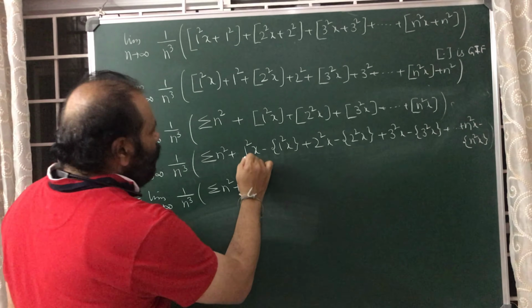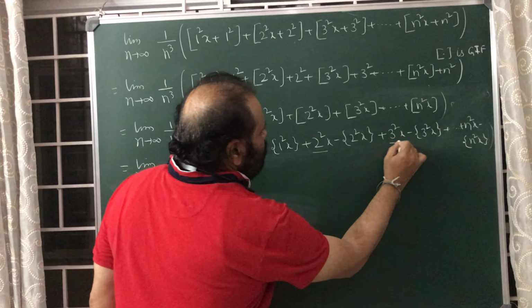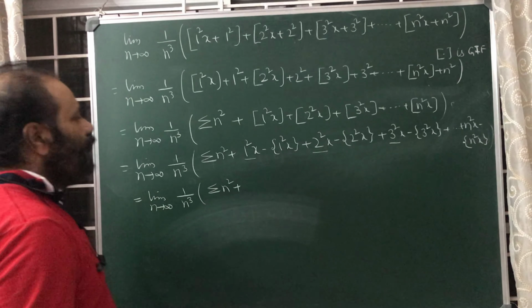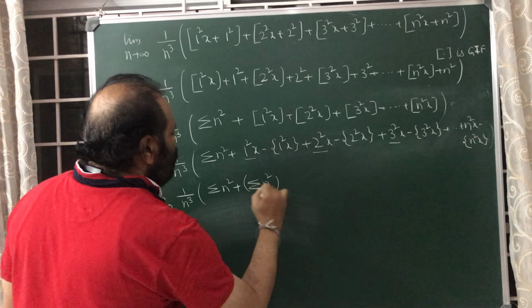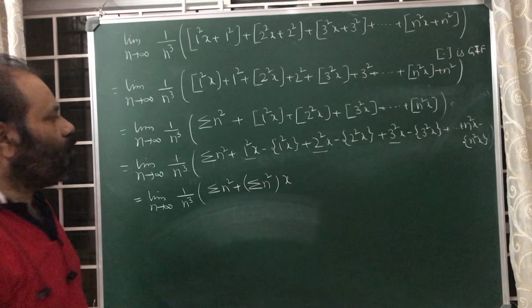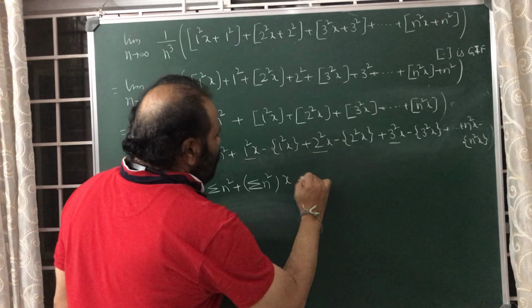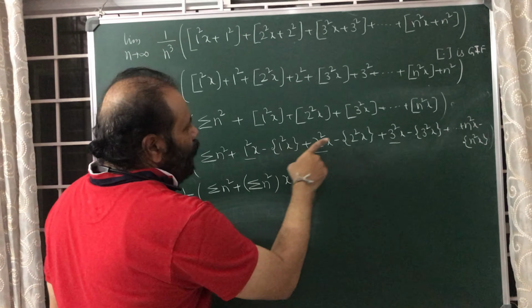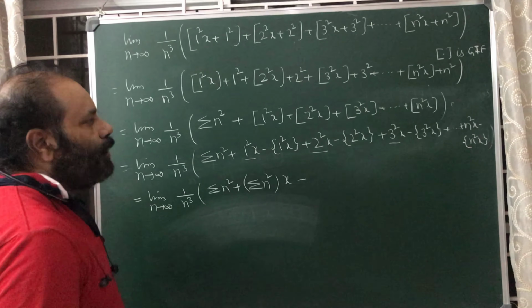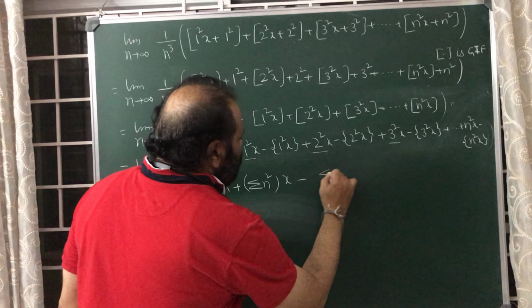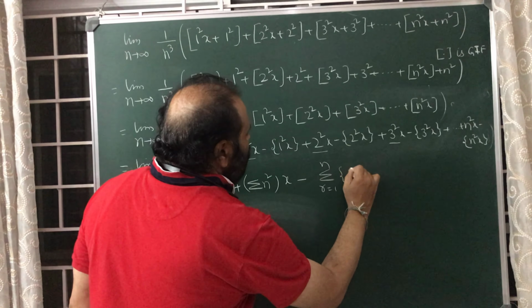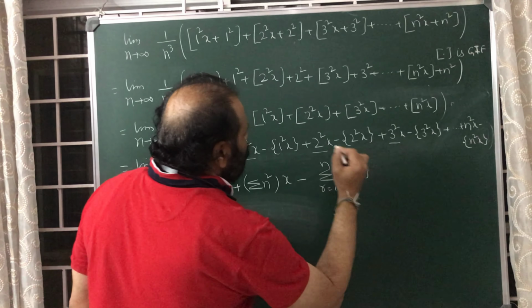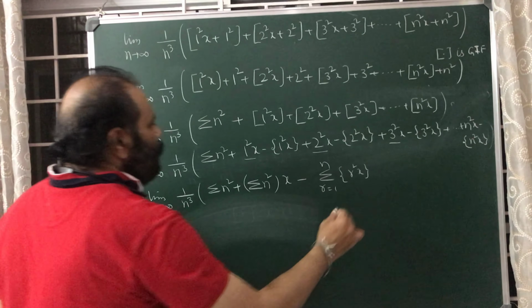Here, 1 squared x plus 2 squared x plus 3 squared x and so on plus n squared x is sigma n squared into x, minus the fractional parts of 1 squared x, 2 squared x and so on, which you can write as sigma r equals 1 to n fractional part of r squared x.